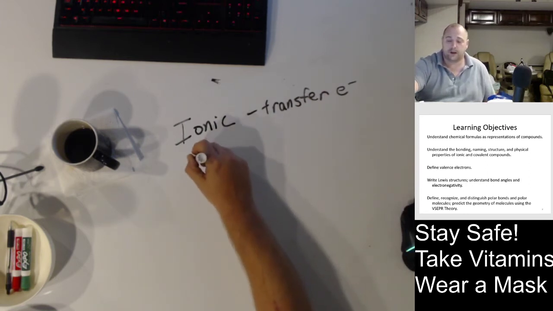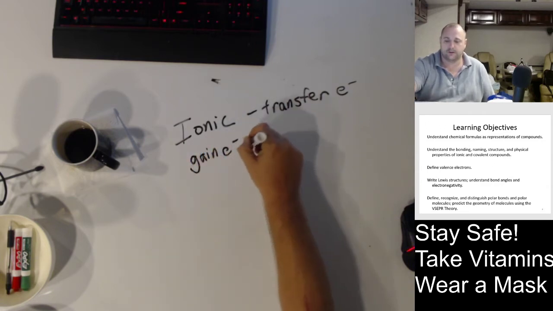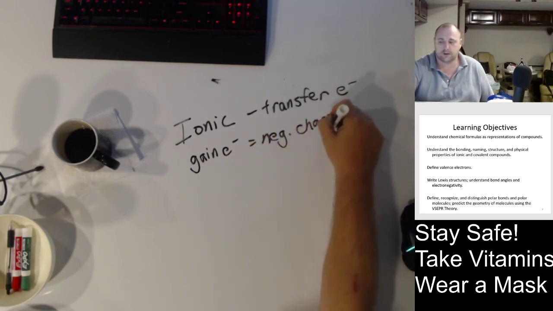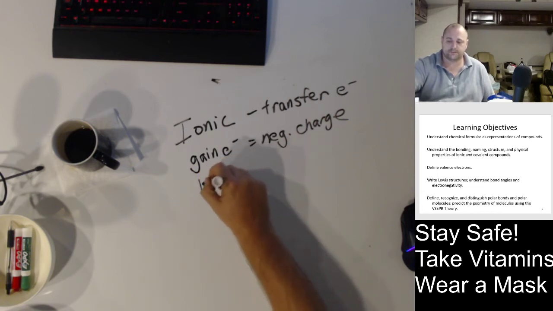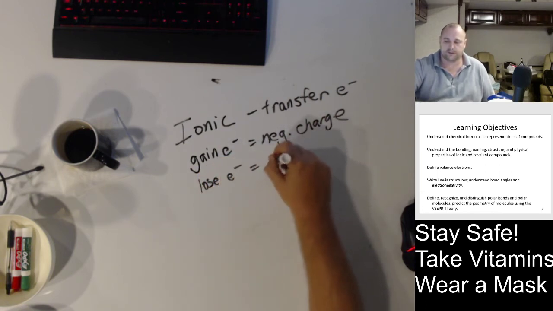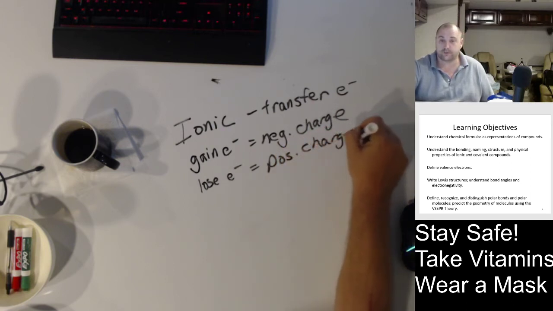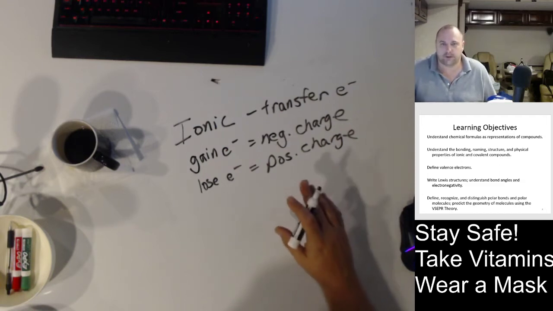So if I gain an electron, that makes a negative charge. If I lose an electron, that makes a positive charge. Easy enough. Sounds backward. Keep in mind, electrons have a negative charge.